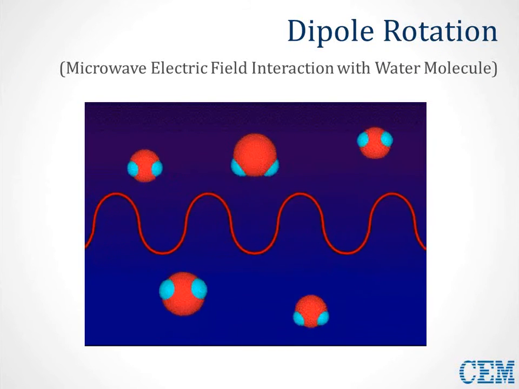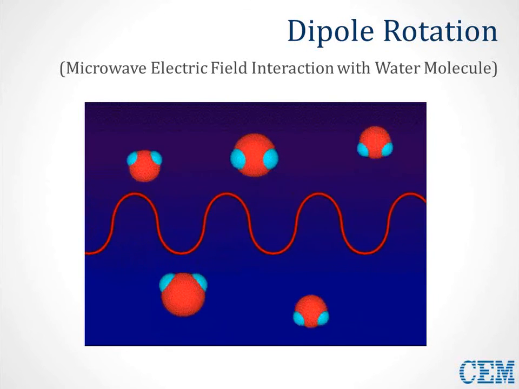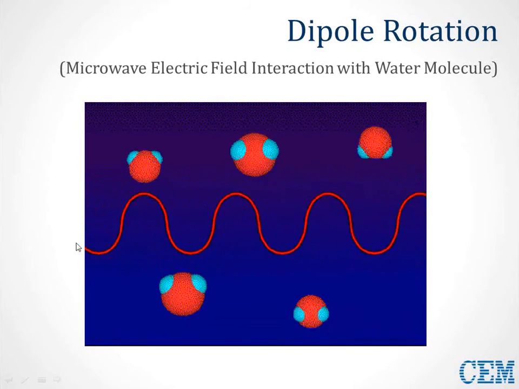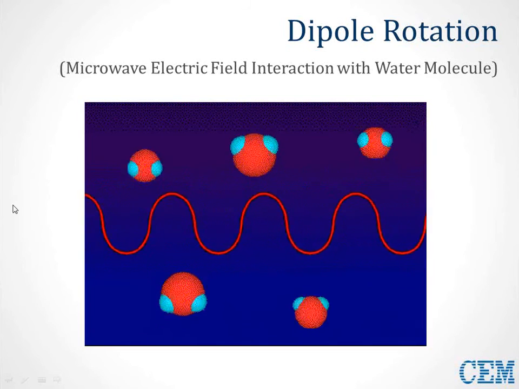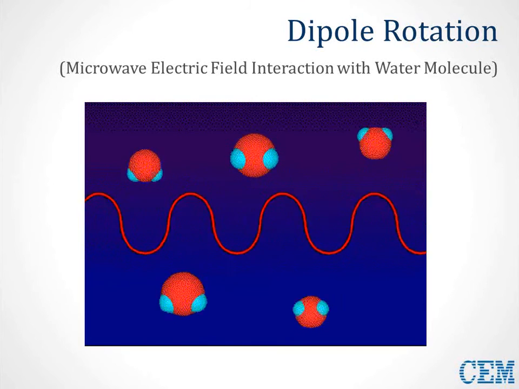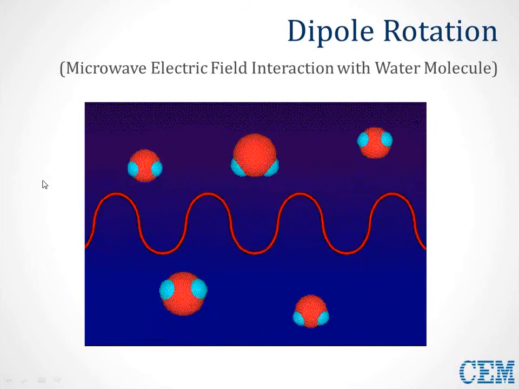So what I have here is a little cartoon movie of dipole rotation. What you see here, we have water molecules in our sample, and then this here is the electric field of our microwave. Now as we know, water molecules have a dipole moment. So what's going to happen, as this electric field passes into our sample, our water molecules will begin to align themselves with this passing electric field.